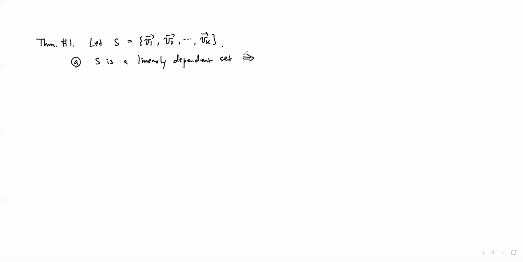if and only if at least one vector in S is linearly dependent on the other vectors in S. Here, I only say that at least one.